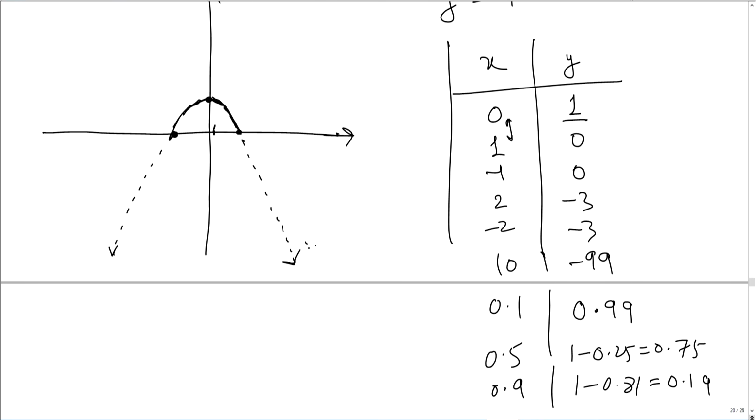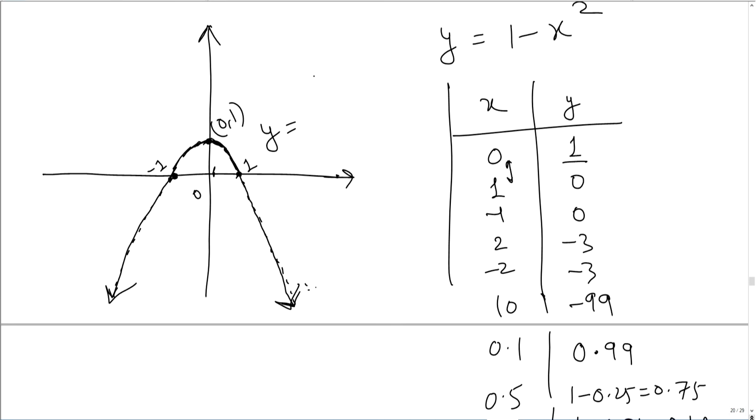Basically the value of y keeps on decreasing as the value of x goes from 0 to 1 or -1. And this point is (0, 1). So this is how the graph of this equation would look like. This is the graph of the equation y = 1 - x².